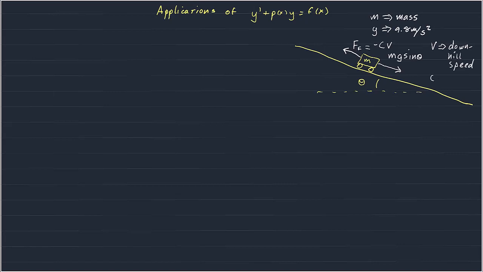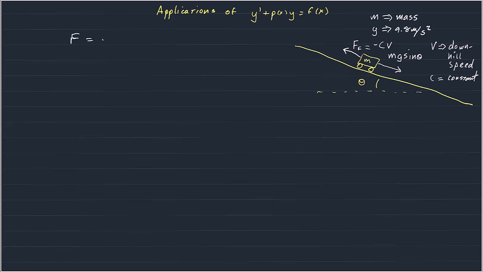And c is our constant. And that represents, for example, the friction of the wheels as they're turning, or it could even represent wind resistance. But whatever this is, this frictional force is proportional to the downhill speed, and it acts in the opposite direction of the speed.